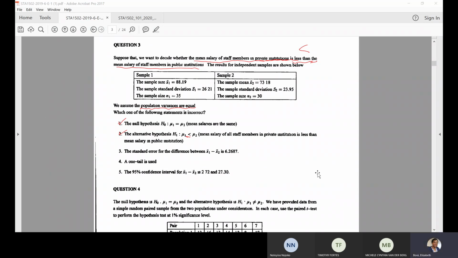The standard error will be the square root of the pooled variance times 1 over n1 plus 1 over n2. And remember, the pooled variance is n1 minus 1 times the variance of 1 plus n2 minus 1 times the variance of 2, divided by n1 plus n2 minus 2.